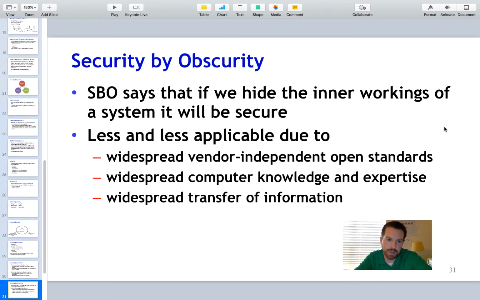Security by obscurity. Security by obscurity says that if we hide the inner workings of a system, it will be secure. No. It is less and less applicable due to widespread vendor-independent open standards, widespread computer knowledge and expertise, and widespread transfer of information. Many people used to think that if you have a wireless network at home, you do not have to broadcast your SSID, the name of your network.